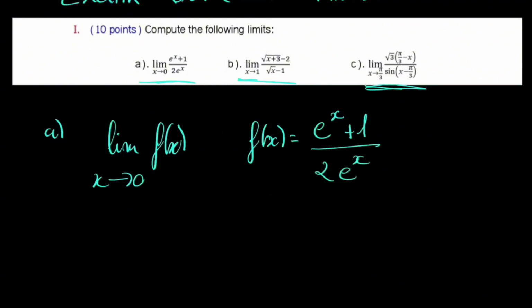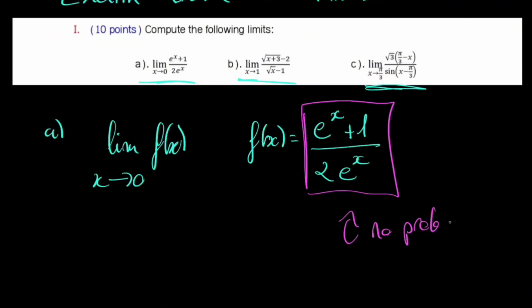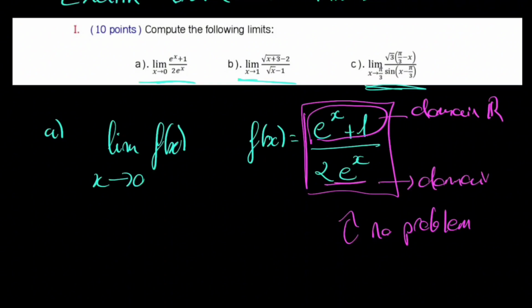2 exponential of x. So here we have a function that seems to have no problem, because we've got an exponential with a domain equal to R and another exponential with a domain equal to R, and that is always superior to 0.